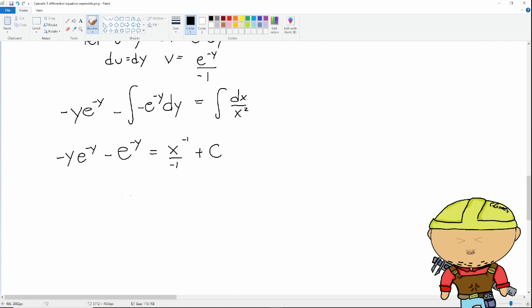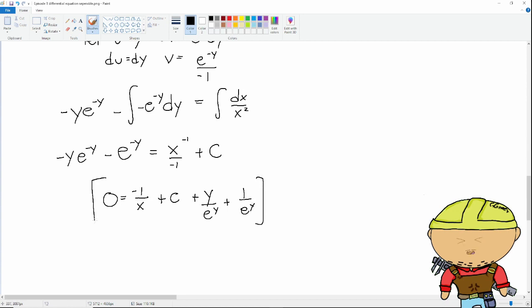Now we simplify. I'm going to put all the negatives on the right side, so it becomes all positive. Negative 1 over x plus c plus y over e raised to y plus 1 over e raised to y.